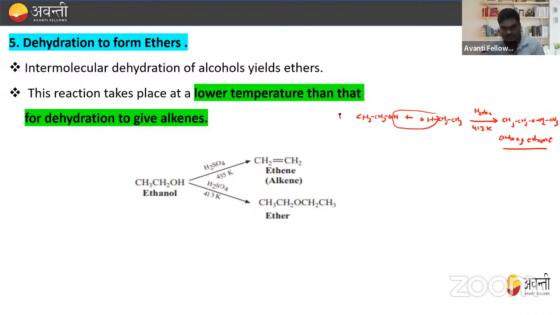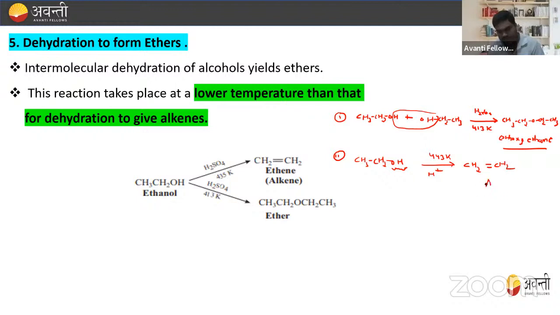Similarly, if you treat this alcohol, CH3CH2OH, at 443 Kelvin, dehydration takes place. The OH and this H are removed from this bond, so it becomes CH2=CH2.